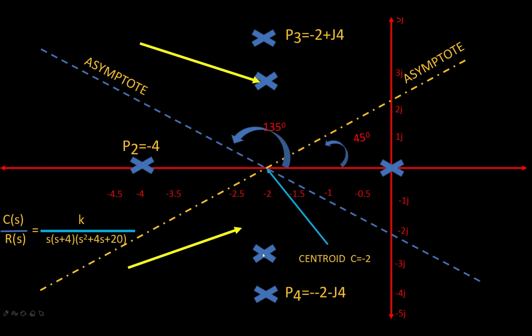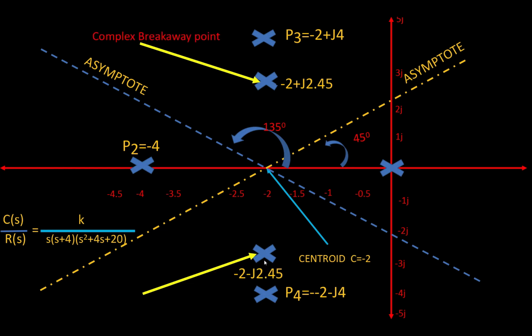Now with the yellow line I have shown the complex breakaway points. We have got -2 plus J 2.45 and -2 minus J 2.45. We have it exactly, since it is located between two poles. So this is the procedure we have concluded: -2 is both the centroid and the breakaway point.